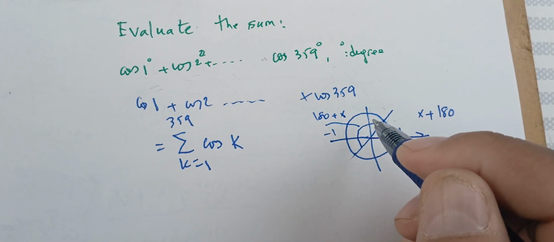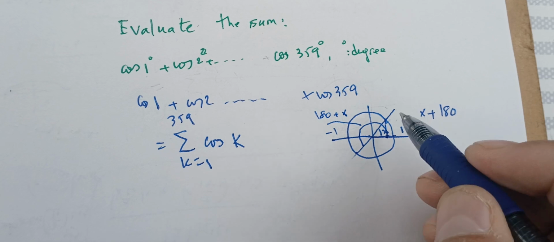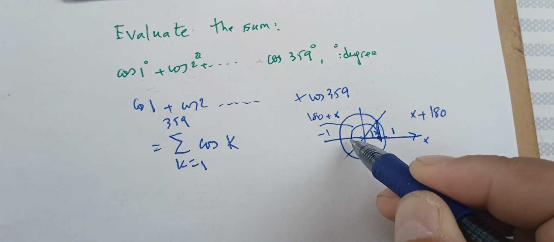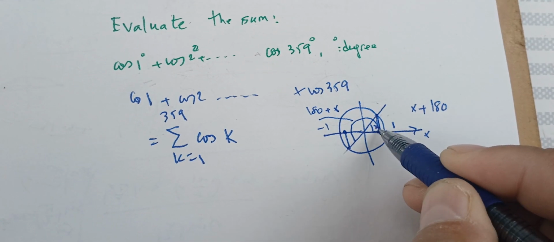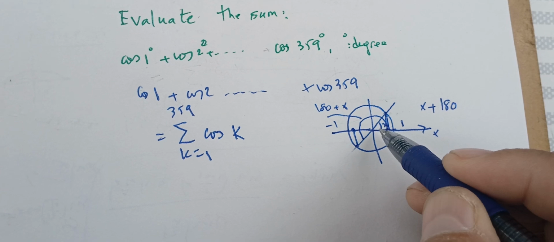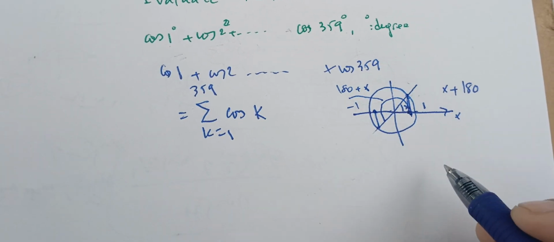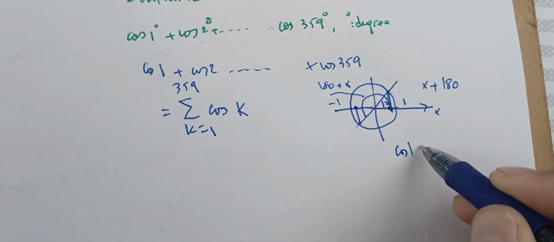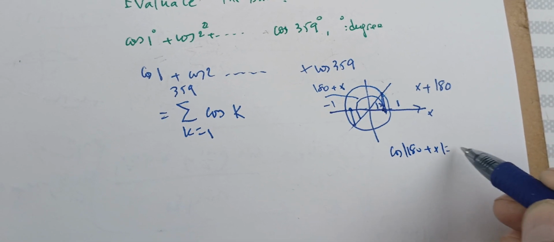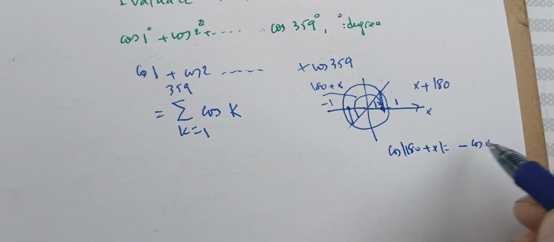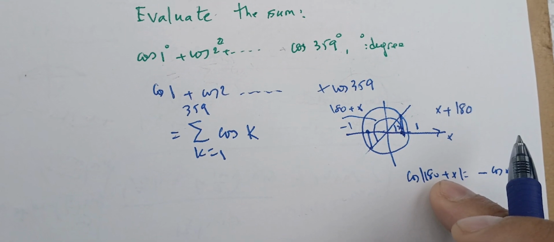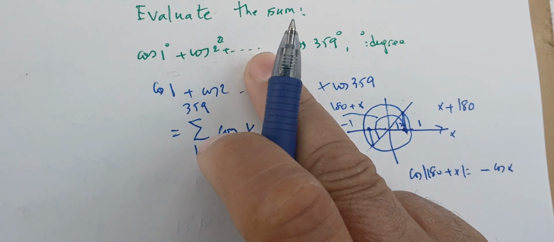The key difference is that here the cosine is positive and here the cosine is negative, and they are the opposite of each other. We have seen that the cosine of 180 plus x is minus cosine x.